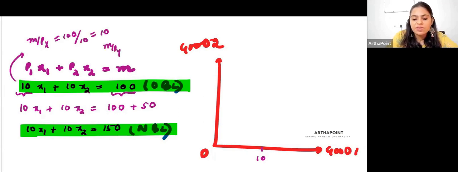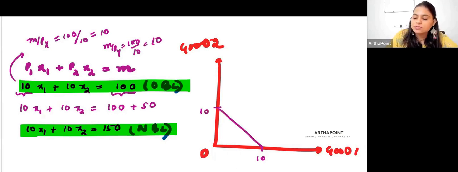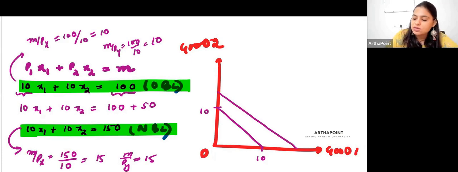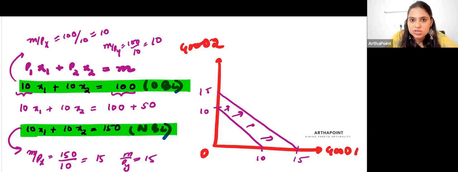And M by PY is also 100 by 10, which is 10. So this is my budget line. And in this one, my budget line will be M by PX. So income is now 150, price is 10, so it will be 15. And M by PY will also be 15. So it is going to shift my budget line outwards.